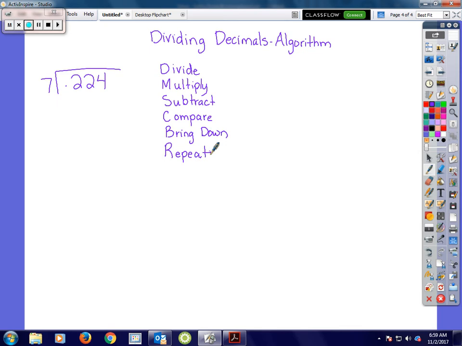Because this problem right here, 224 thousandths divided by 7, is going to be a regular division problem. The only thing you're going to do is take that decimal and put it right above in your answer. That's it. Now you're just going to divide like normal. 7 goes into 2 0 times.